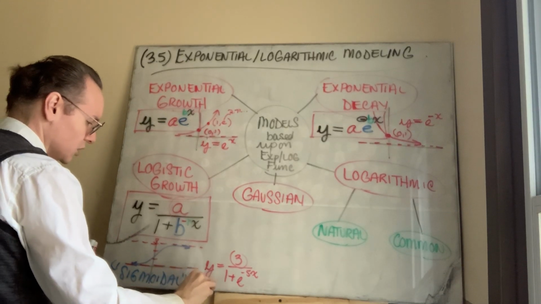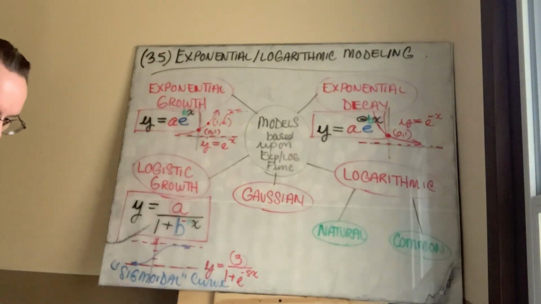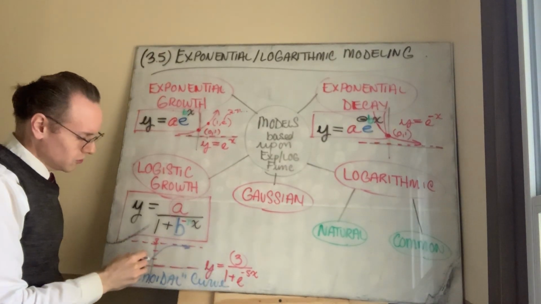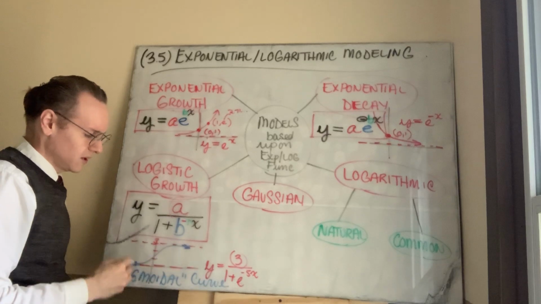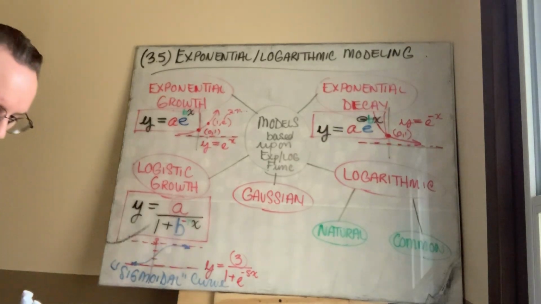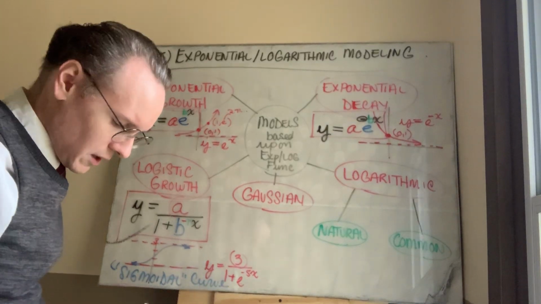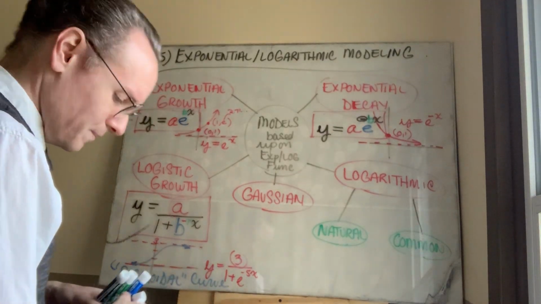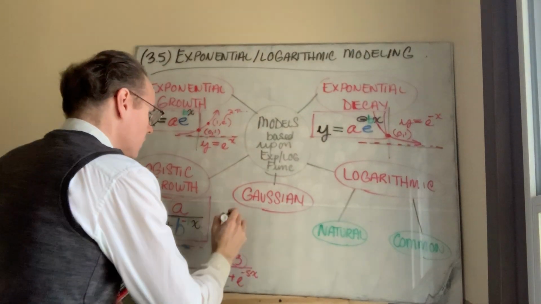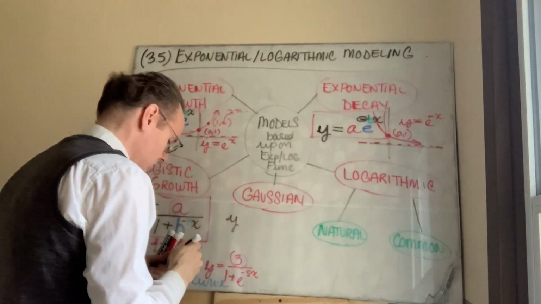A sigmoidal curve, where it starts to grow and then it levels off, hence this asymptote, the maximum. Okay. Gaussians look like this. Here we go again.